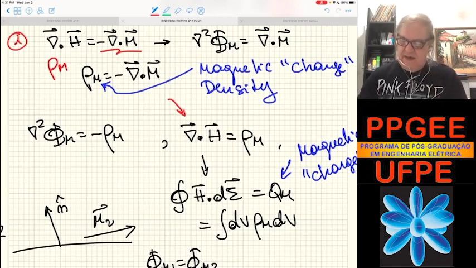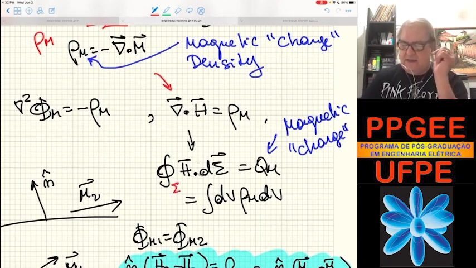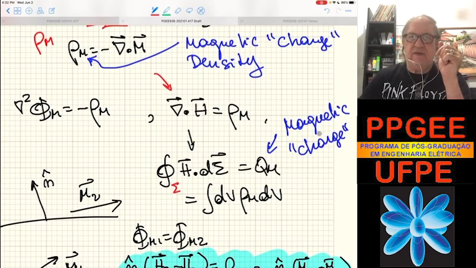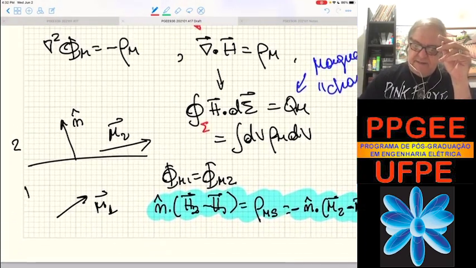Same behavior. For instance, the flux of H outwards through a closed surface equals the magnetic charge enclosed by the surface, which is the integral of this. So all the properties we have are those.